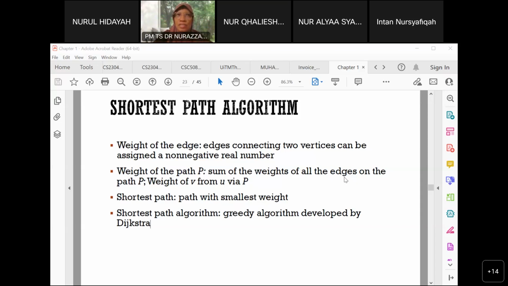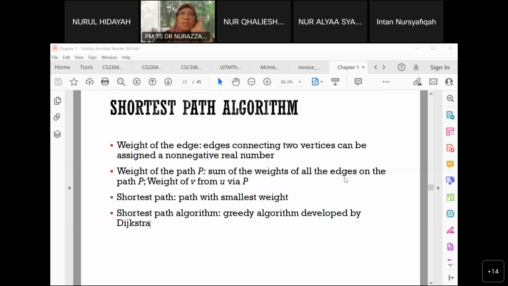So that is the difference between DFS and BFS, depth first search or breadth first search. That is the technique or algorithm for graph traversal.